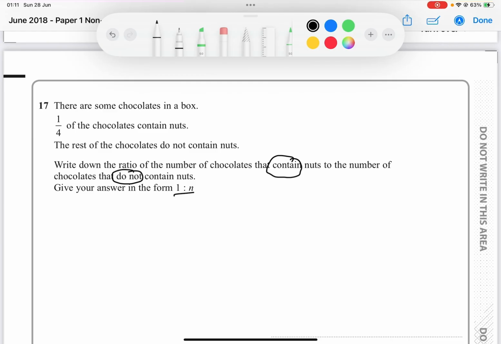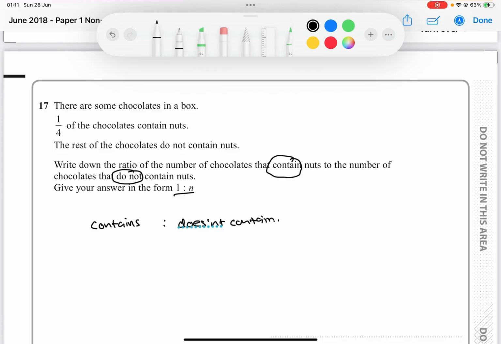So you can say the ratio is contains to doesn't contain, okay? So contain to doesn't contain. That's the ratio that I want, alright?